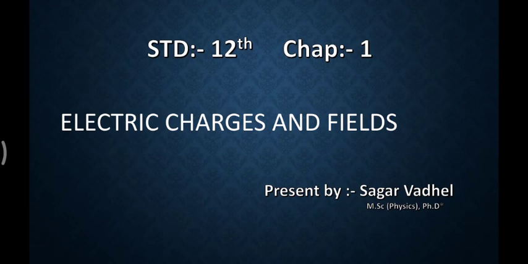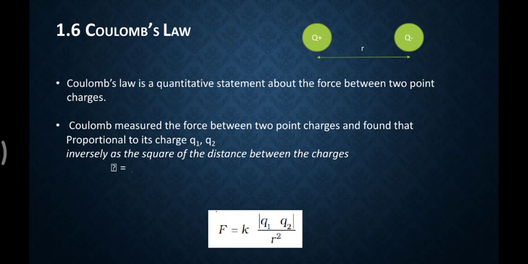If you turn the pages, the next point we discuss is Coulomb's law. Coulomb's law is a quantitative statement about the force between two point charges. First of all, what is a point charge? A point charge is a charge whose size is very small compared to the distance between them.